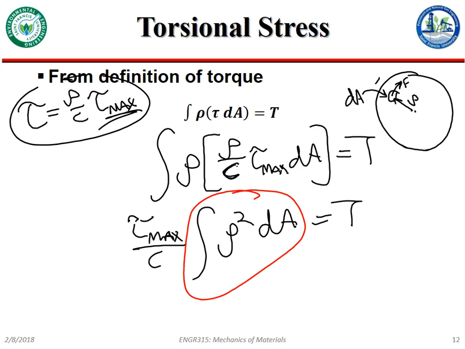In the same way, in materials, we often talk about area moments of inertia, and this is an expression of an area moment of inertia, which is a similar idea, but it has nothing to do with mass.